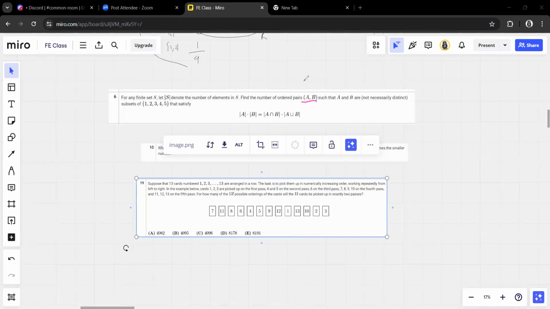Ordered means that if you find (1, 2) and then you find (2, 1), these two will be considered different. You need to find those where the number of elements in A multiplied by the number of elements in B is equal to the number of elements present in B multiplied by the number of elements present in their union.